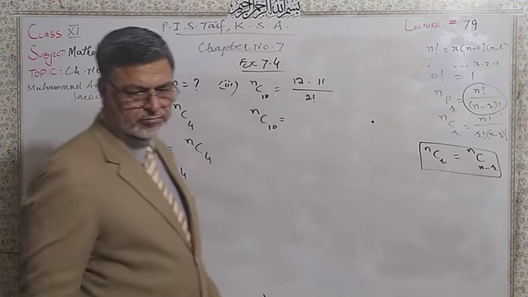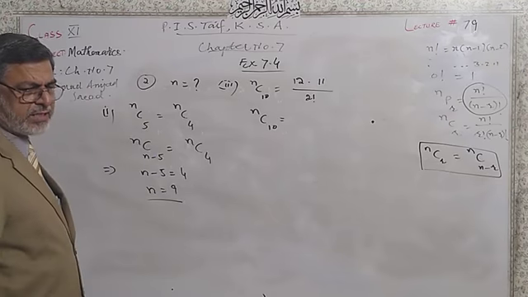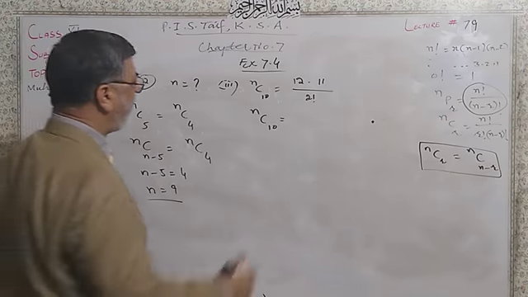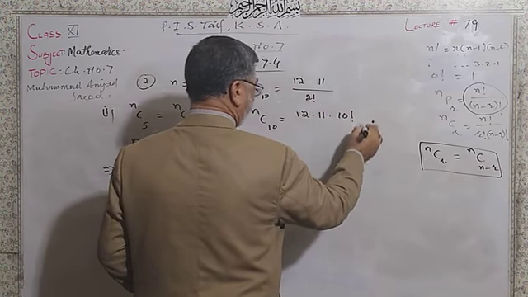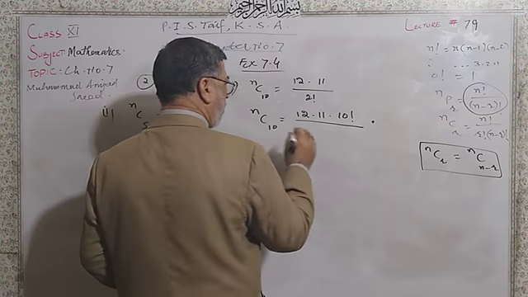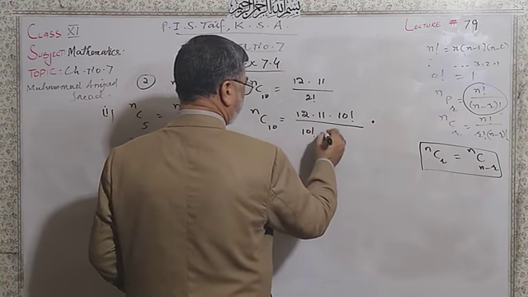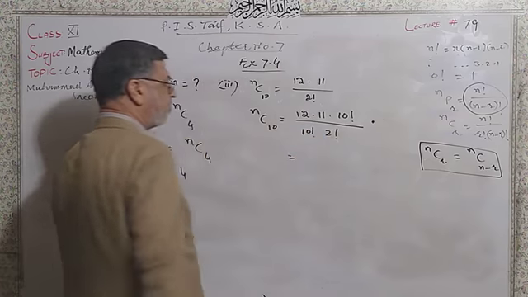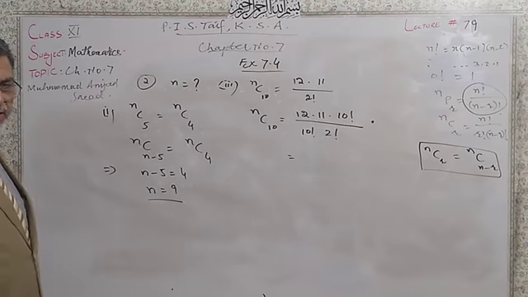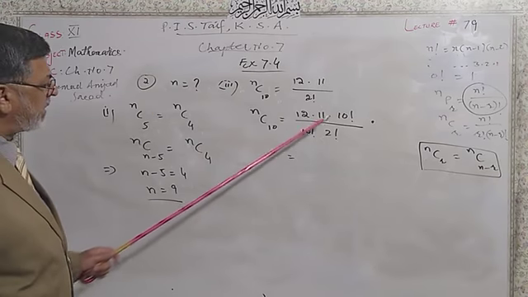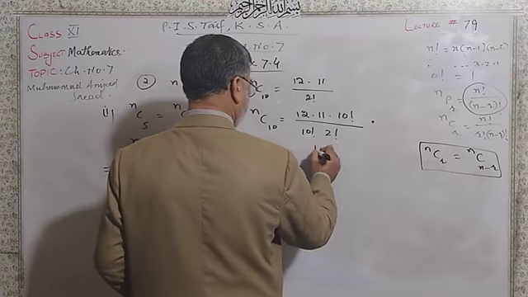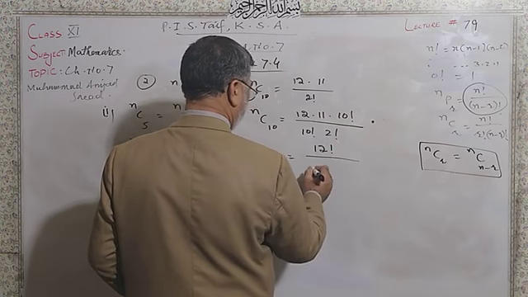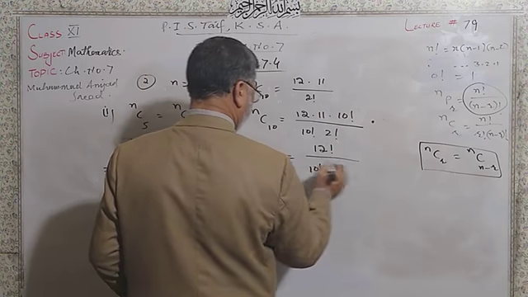12C10. Dear students, here you can have 12 into 11 into 10 factorial over 10 factorial into 2 factorial. We have multiplied above and below by 10 factorial. Why? Actually, it is 12 factorial over 10 factorial and 2 factorial.